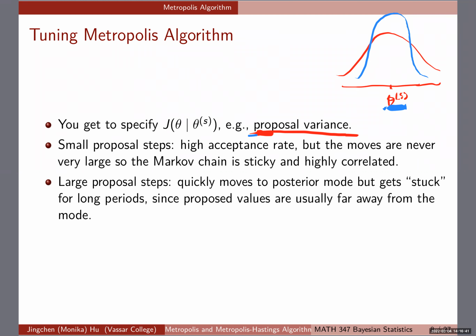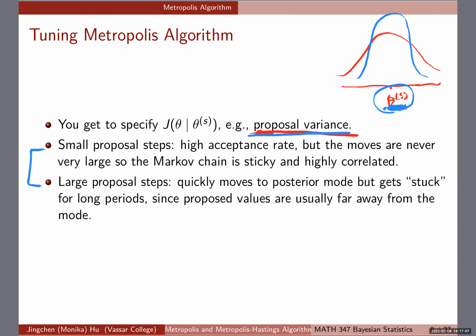Some general guidance here is that if you have a very small variance, you don't move around a lot because you're concentrated around your current draw. You might have a high acceptance rate, meaning that every time you will jump, but the moves are never large enough, and the chain itself is going to be very sticky and highly correlated.